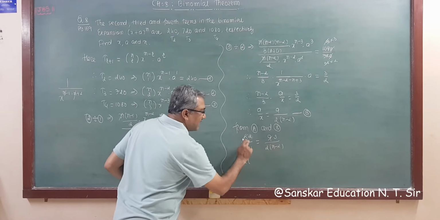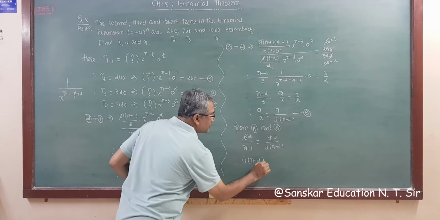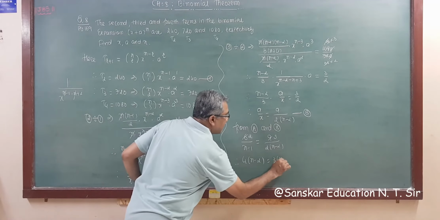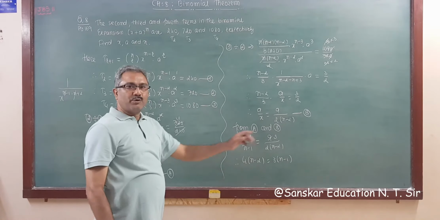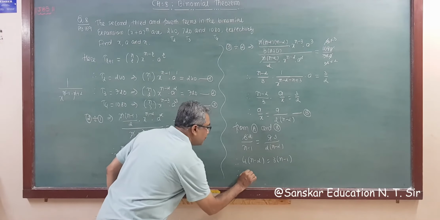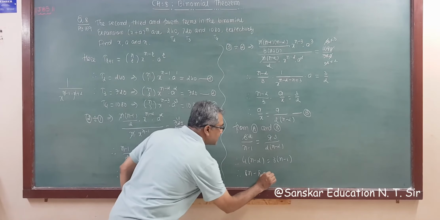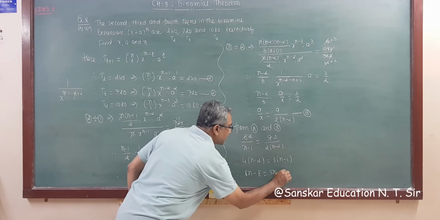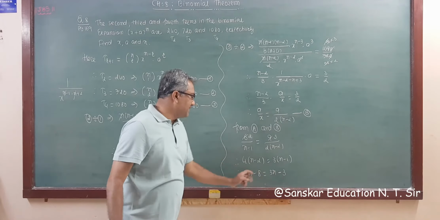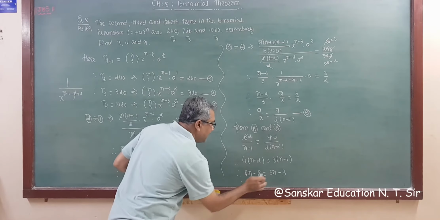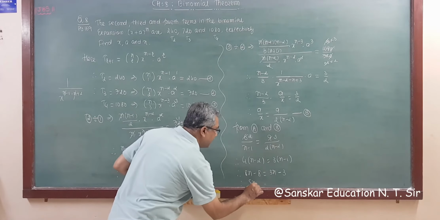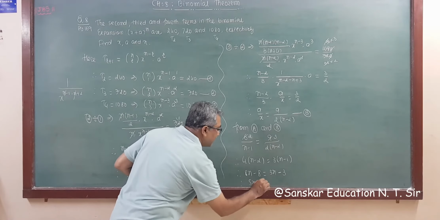Taking this cross multiplication, 4 times n minus 2 is equal to 3 times n minus 1. Expanding this, 4 into 2, 8n minus 8 is equal to 3n minus 3. So 8n minus 3n is 5n is equal to 8 minus 3 is 5.